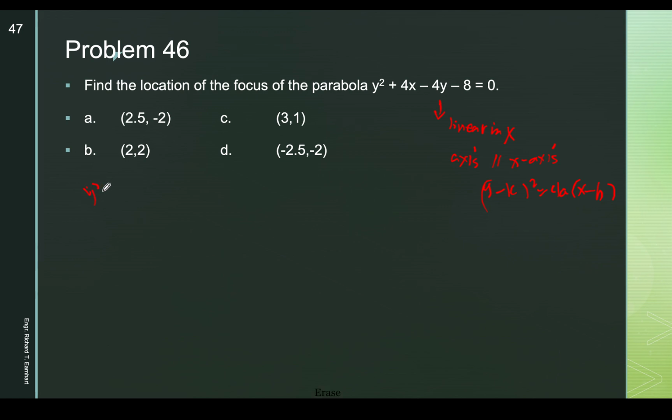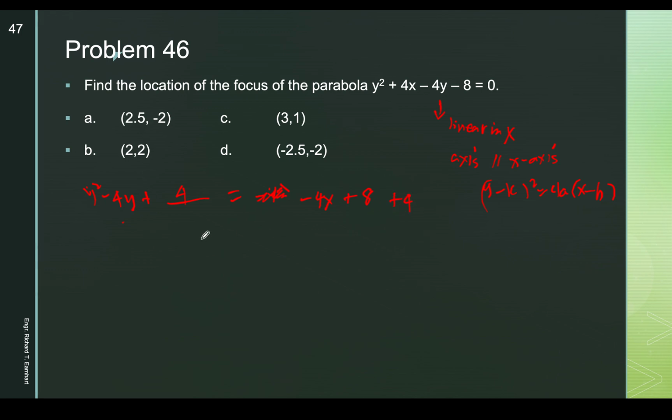So y squared minus 4y, complete the square of y, and then transpose negative 4x here. Sorry, negative 4x, this will be plus 8, and then okay, 4 divided by 4 quantity squared, so you get 4 here, then add 4 here.